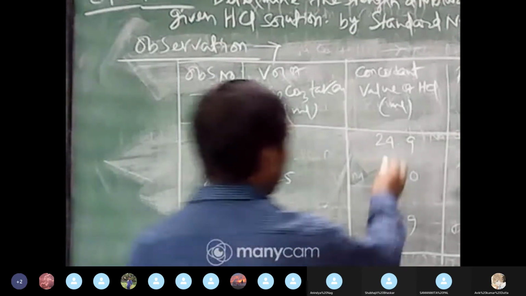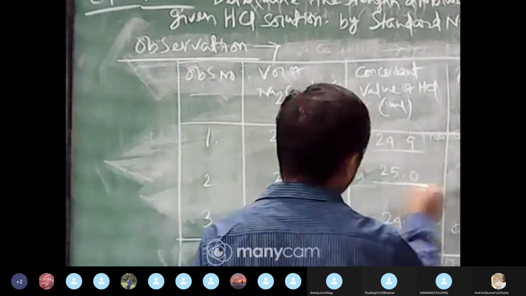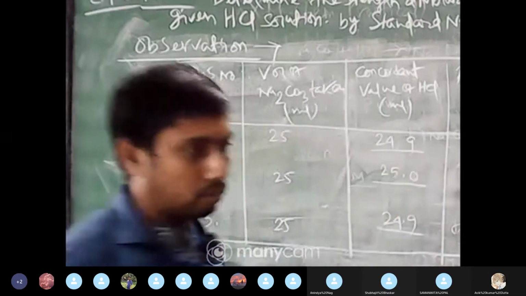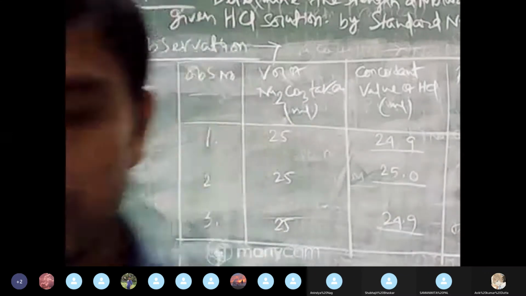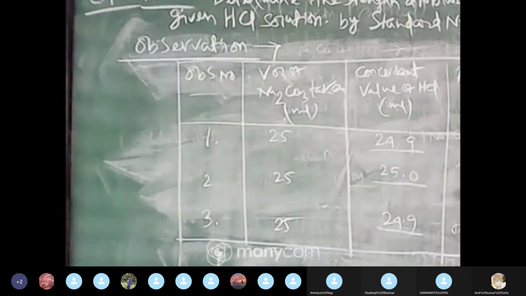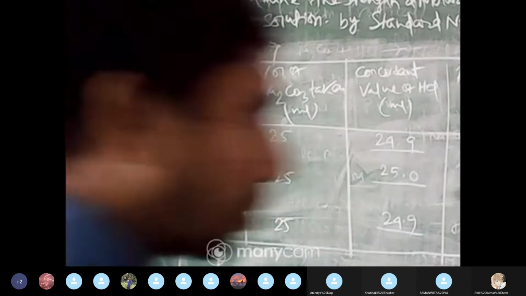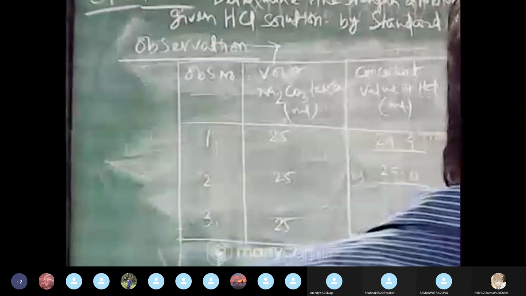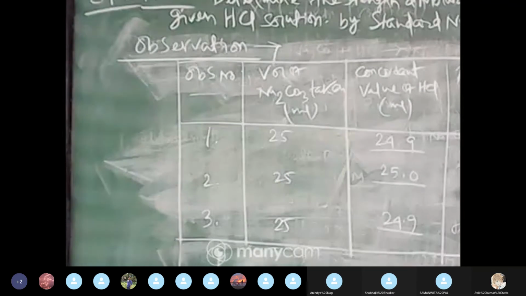Now look at this result very carefully. Just a difference by 0.1. This is very important. Third block, concordant result.